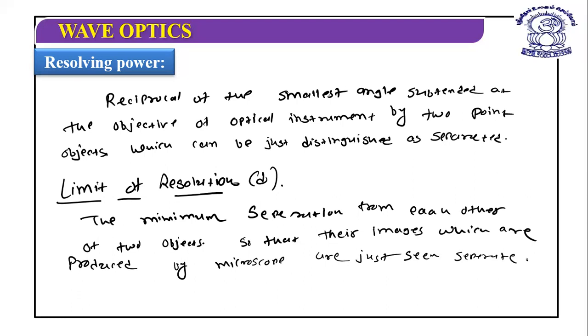That means if the distance between the two objects is lesser than this limit of resolution, then the given device is not able to produce separate images. This is called limit of resolution.